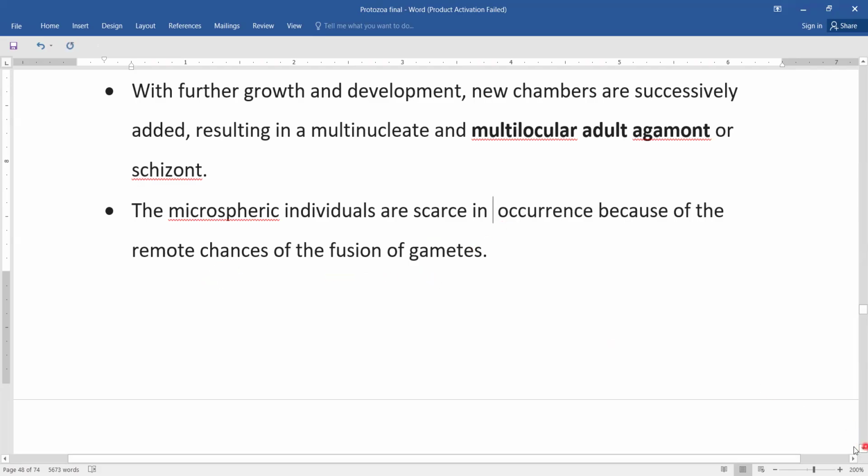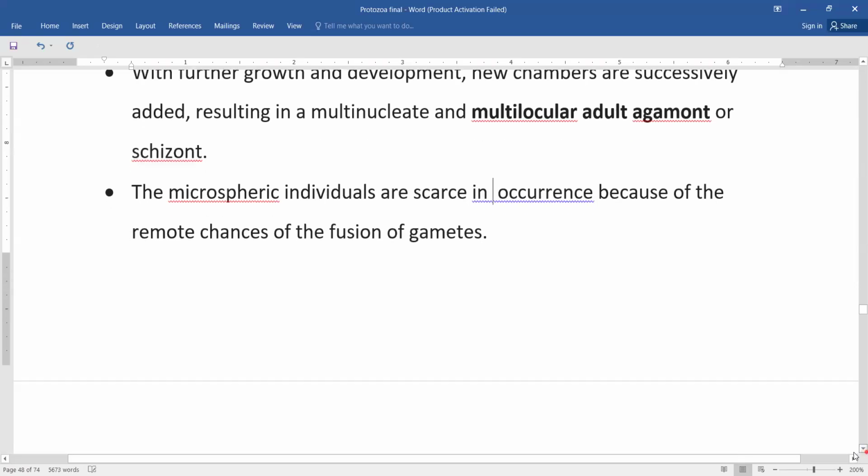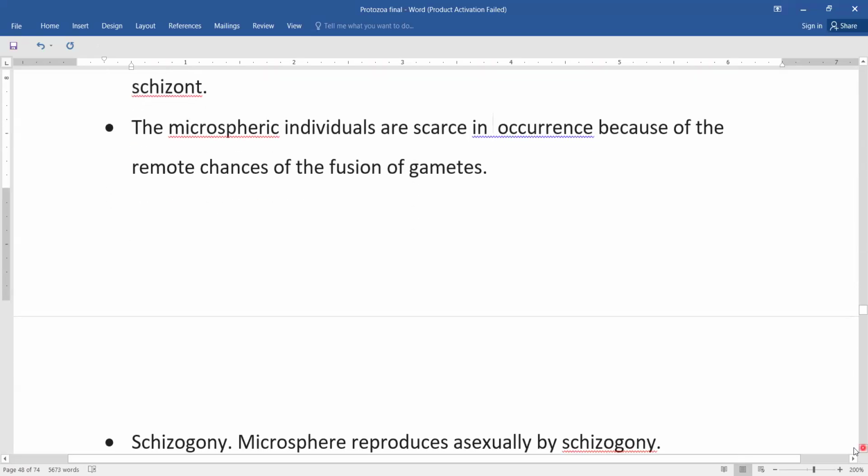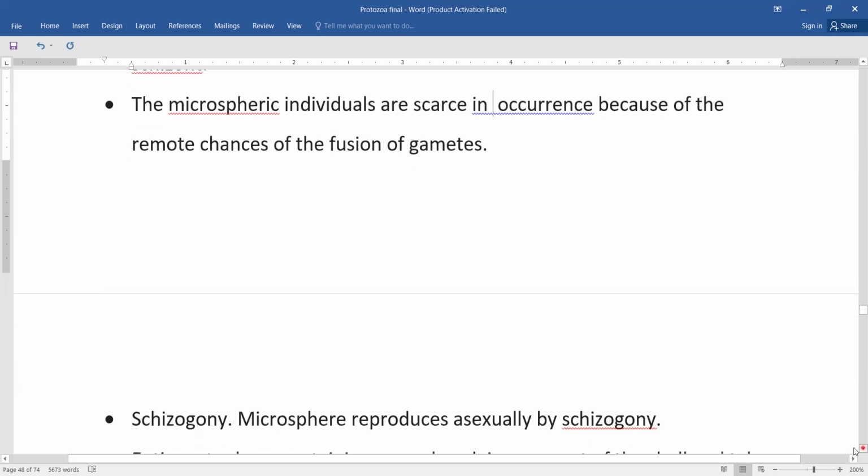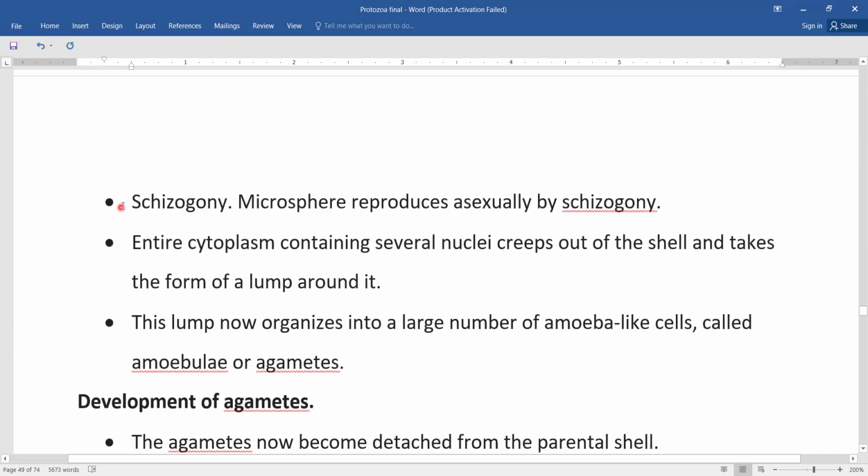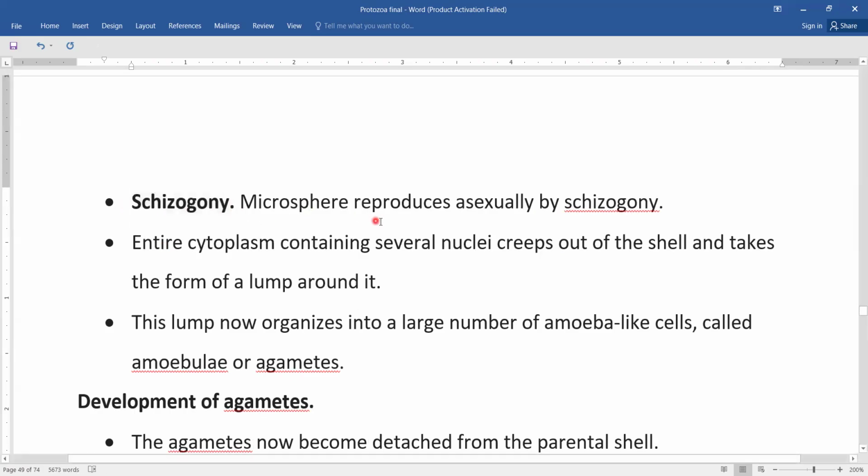So generally the chances of forming microspheric forms are very low, because fusion is rare, as the ocean is very big. Schizogony is nothing but multiple fission, in which the microspheric form reproduces asexually.